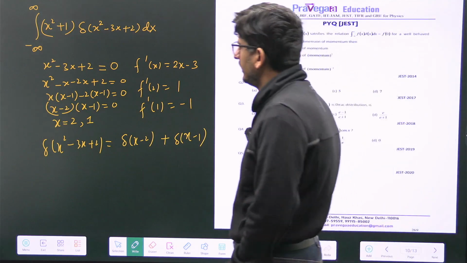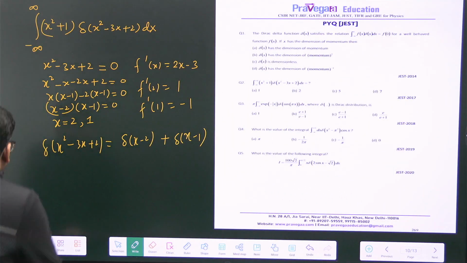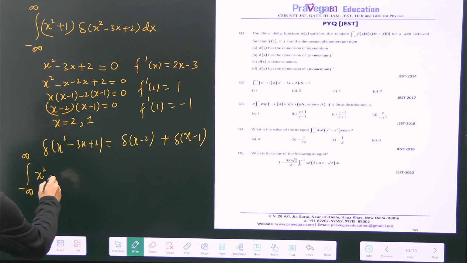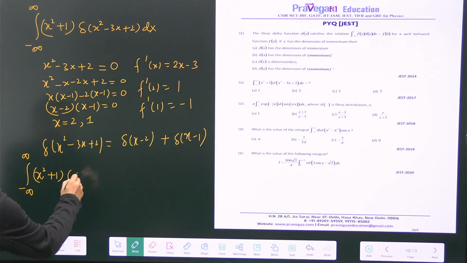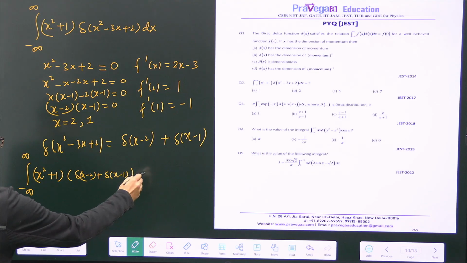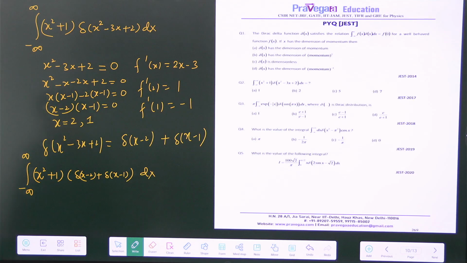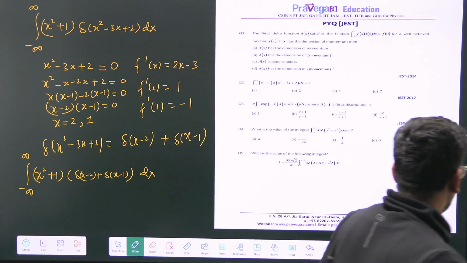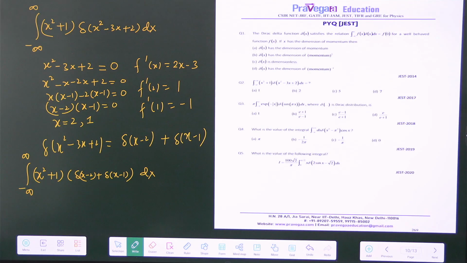Now put this in integral. What we will get? Integral from minus infinity to plus infinity of (x square plus 1) into (delta function x minus 2 plus delta function x minus 1) dx. दोनों से मल्टीप्लाई हो जाएगा.